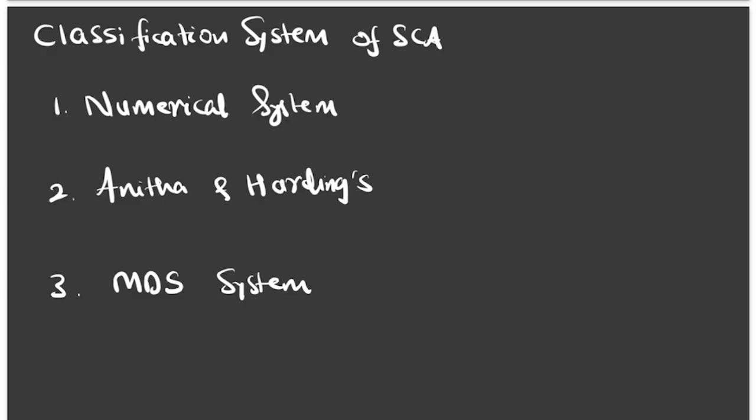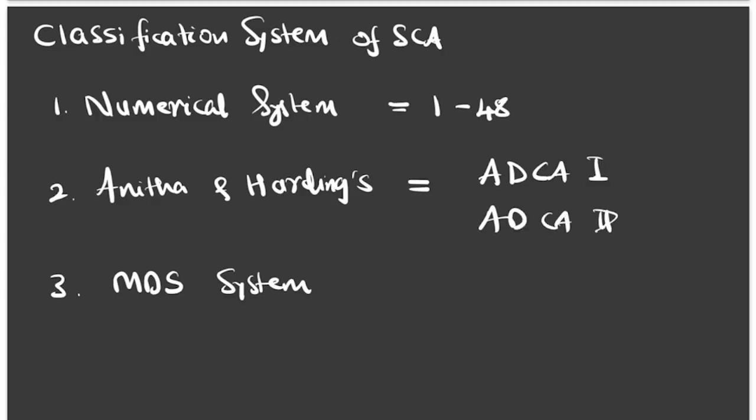Then the classification systems of spinocerebellar ataxia. We have the numerical classification system, the numerical one, which as I told earlier is 1 to 48 based on the order of discovery of the gene. Then Anita Harding's classification. This classification has three groups, that is ADCA 1, autosomal dominant cerebellar ataxia 1, ADCA 2, and ADCA 3.